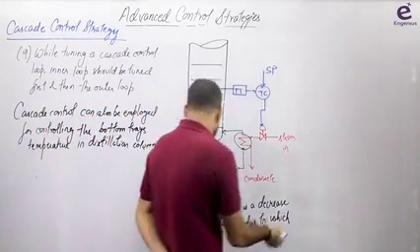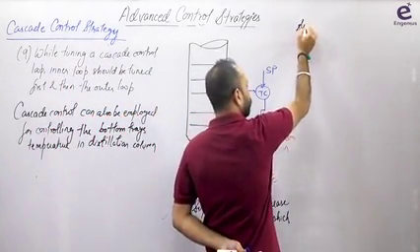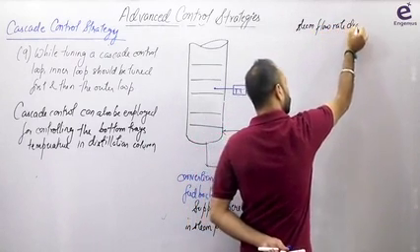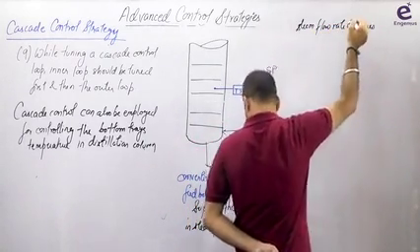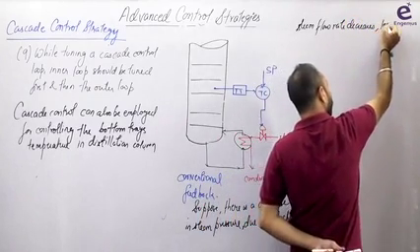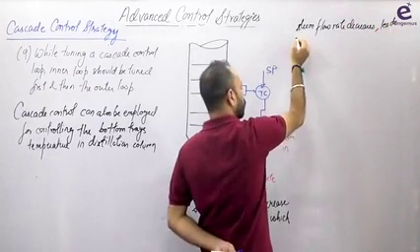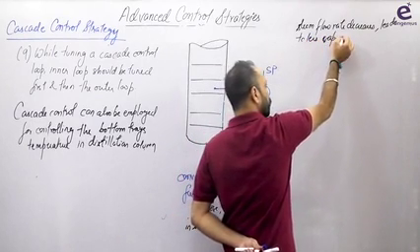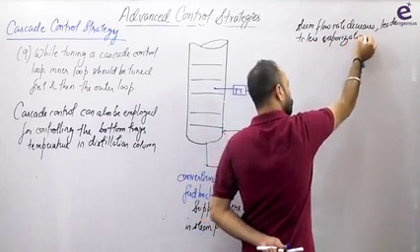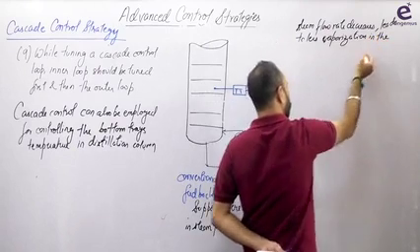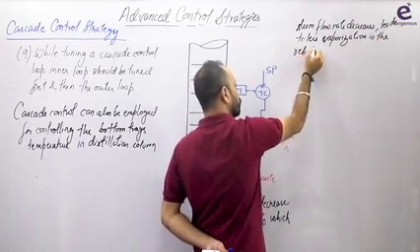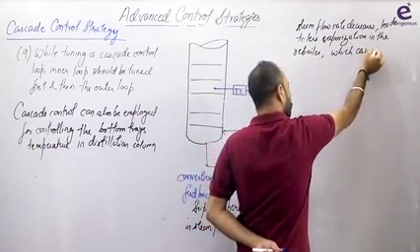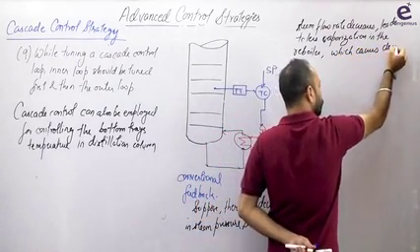Okay, so the steam flow rate decreases, which leads to less vaporization in the reboiler, right? And that causes a decrease in temperature.